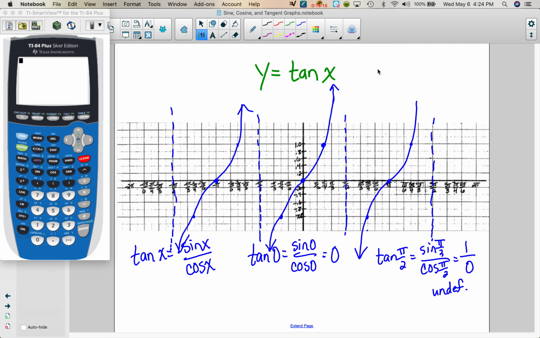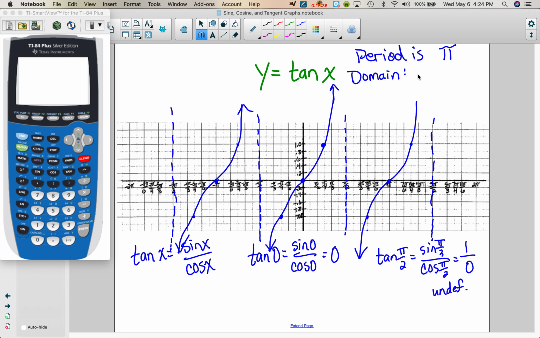Okay, so for tangent, the period is not 2 pi, because notice that it goes from, say I started at negative pi over 2 and went to pi over 2, and these are all repeats. So for tangent, the period is pi. The domain is not all real numbers.